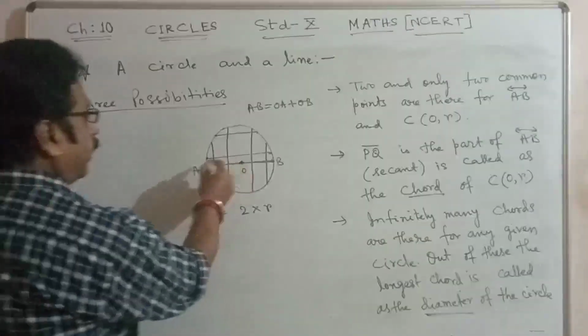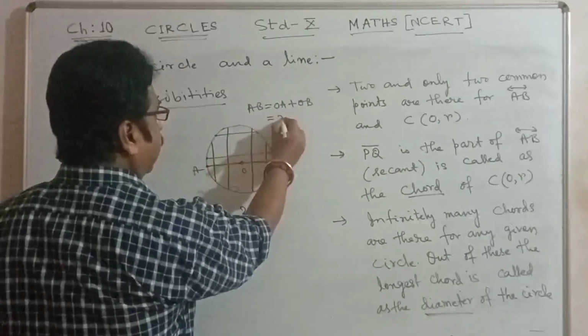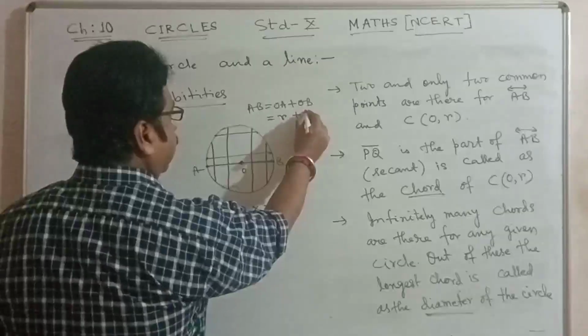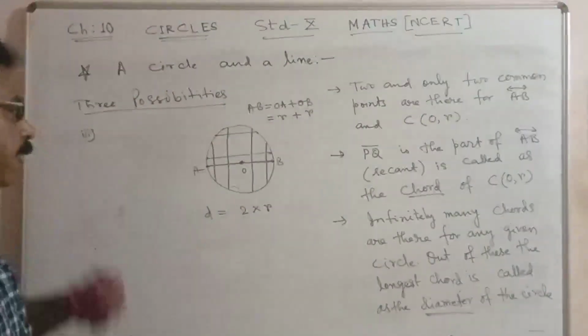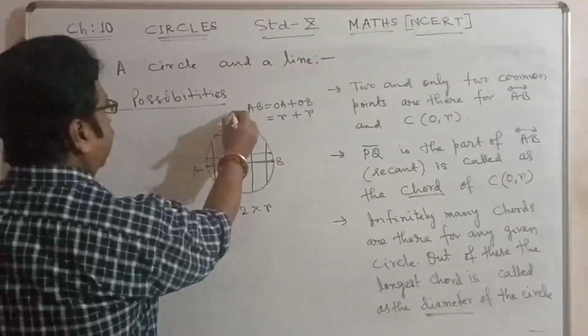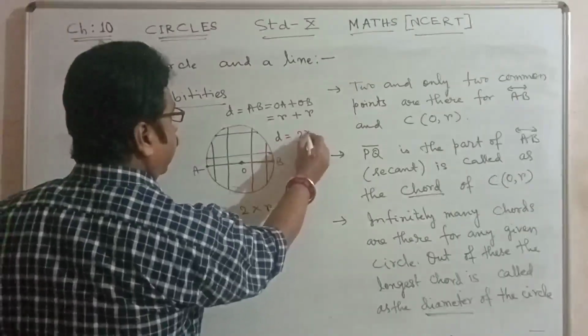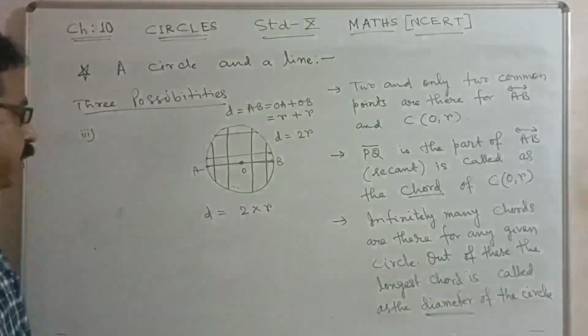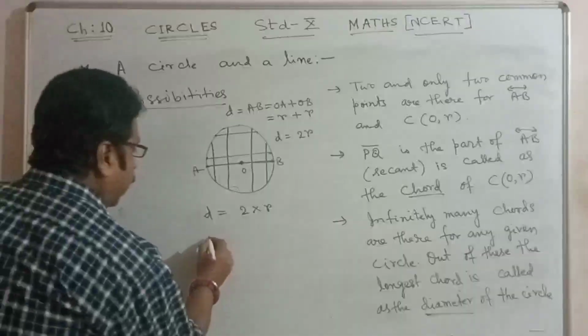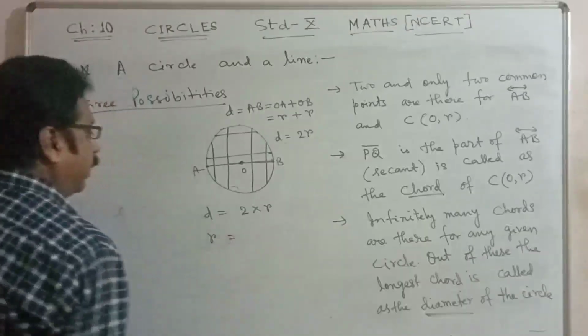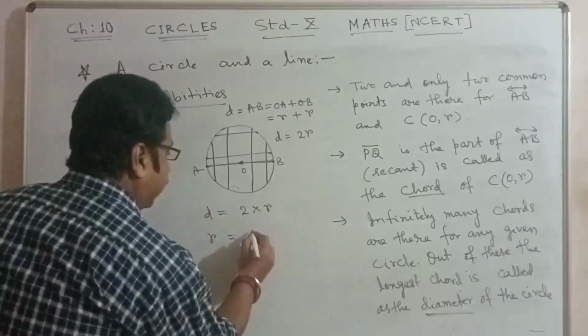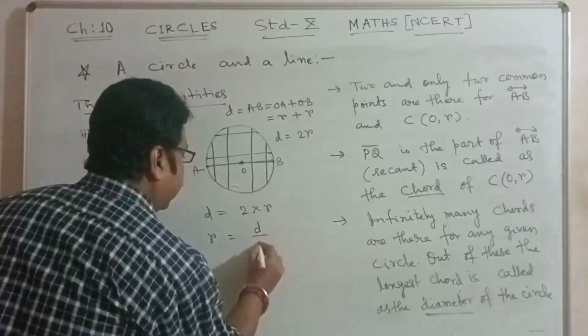AB means diameter, so we can get D is equal to 2R, twice R, or R will be half of the diameter, that means D upon 2.